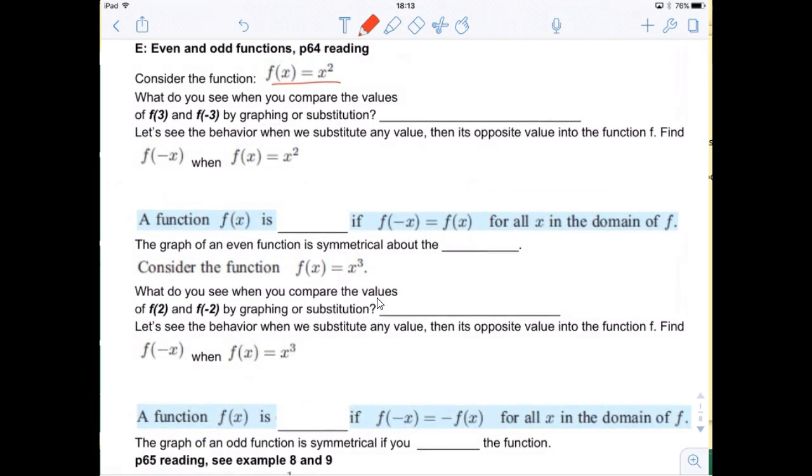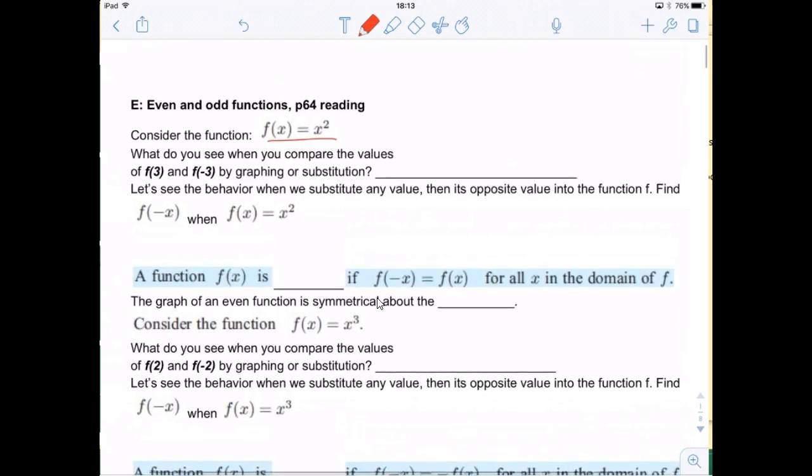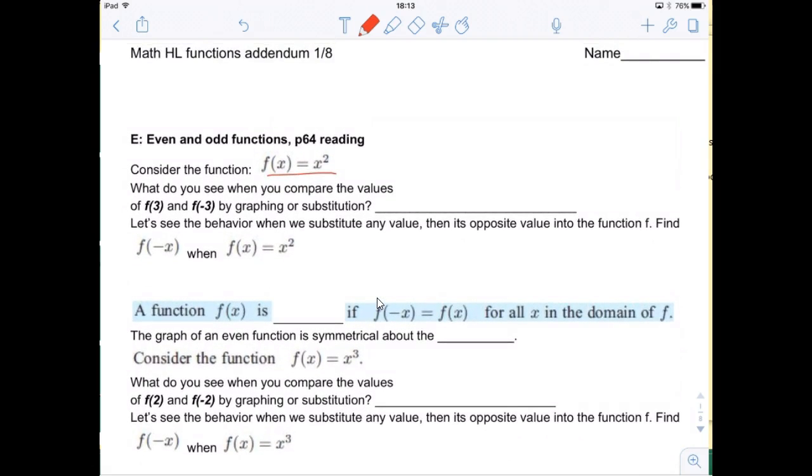Let's look at the parabola's values, and especially at x equals 3 and x equals negative 3. When you graph a parabola, remember that it looks kind of like this. If you take the points x equals 3 and x equals negative 3, those correspond to the square of those values, and both of those values squared give the same result, which is y equals 9.